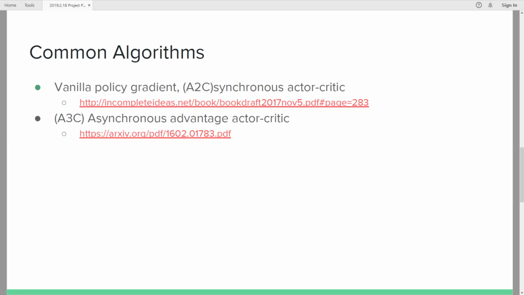Some of the common algorithms include vanilla policy gradient, and asynchronous actor-critic, which is commonly known as A2C.